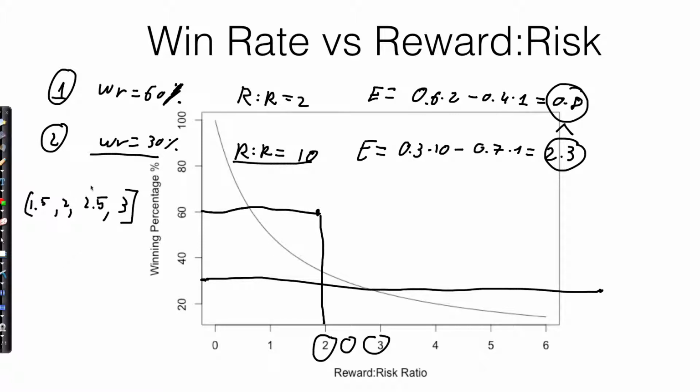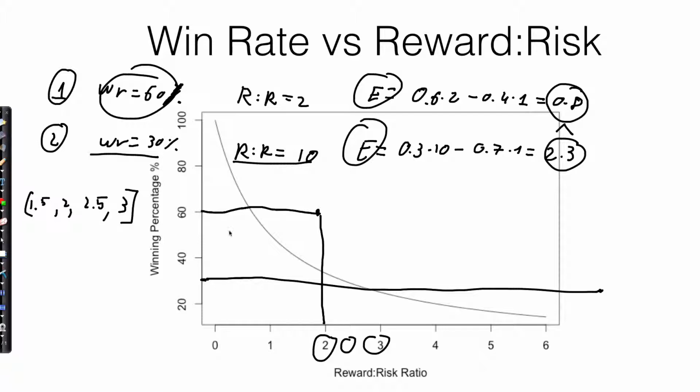And then you do the same with 2, 2.5, and 3. So for every number, you will be able then to understand what is the winning rate, and then you can find this expectancy.